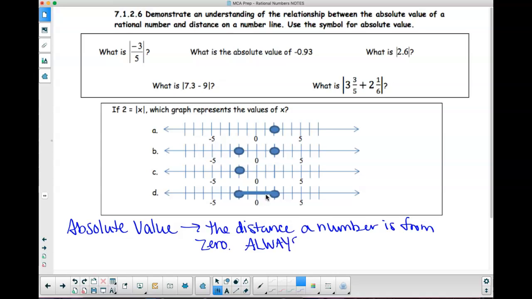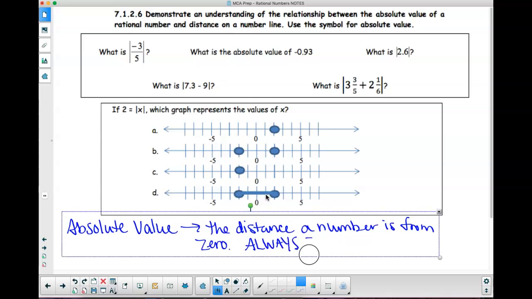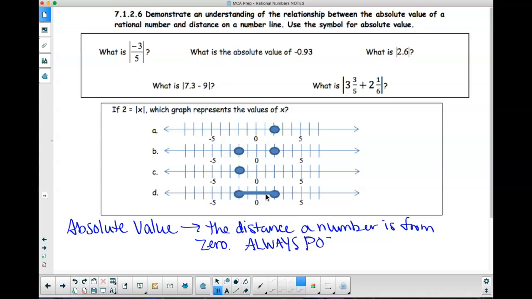It's always positive. Okay, absolute value is always, always, always positive. Because I can never travel a negative distance. Even if I walk backwards, I'm still traveling a positive amount.